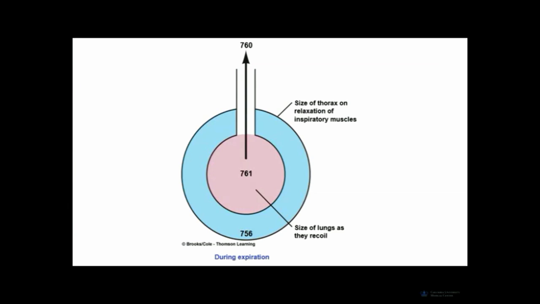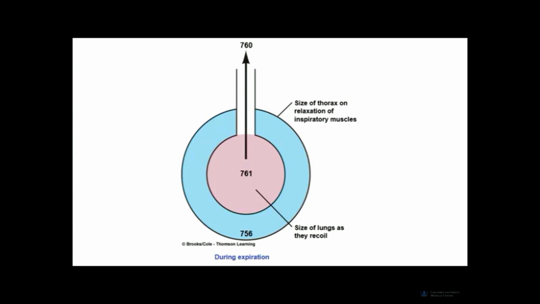So we get more contraction of the diaphragm, more contraction of the external intercostal muscles, but we can also recruit accessory muscles. And we have accessory muscles that we recruit for forceful inhalation, and we have accessory muscles that are involved in forceful exhalation. Okay.